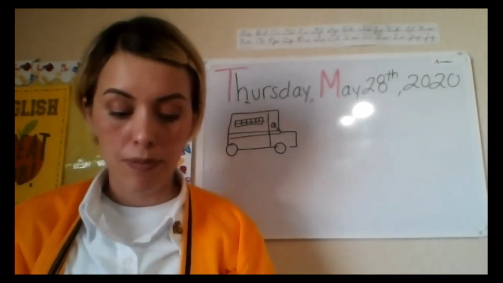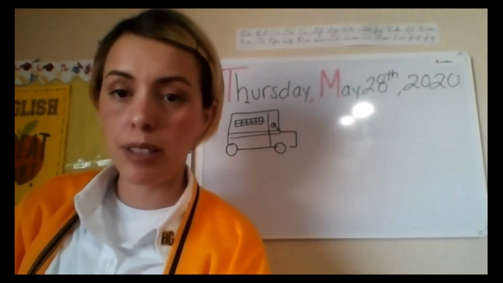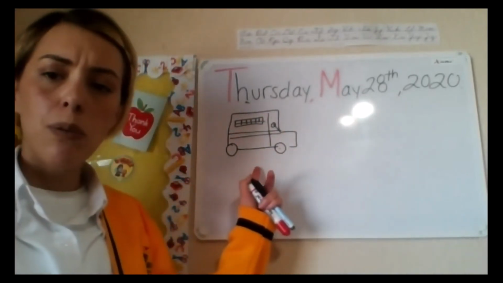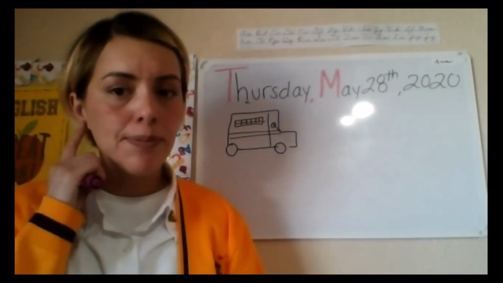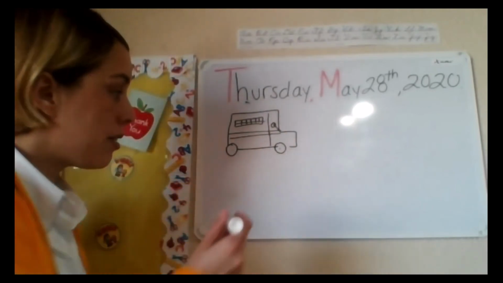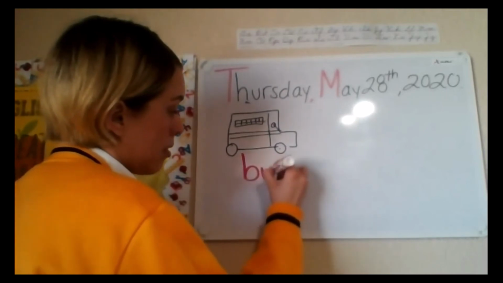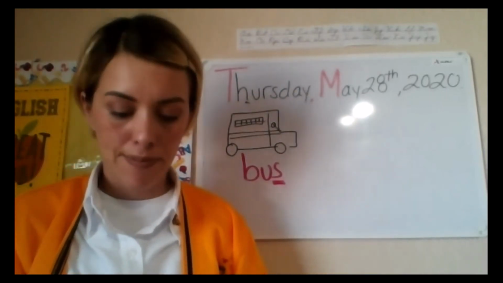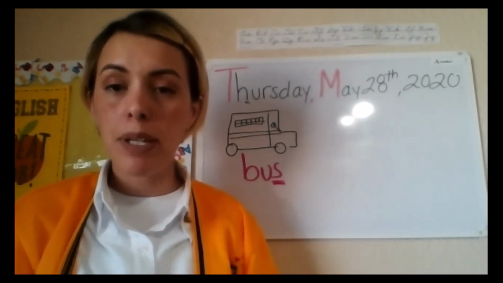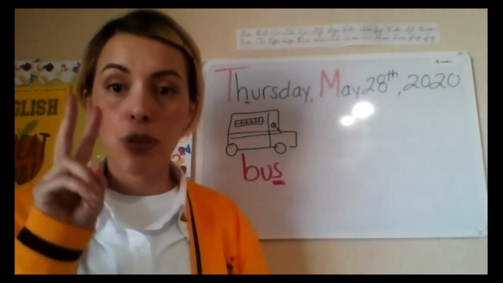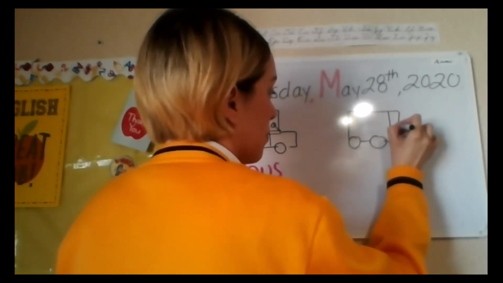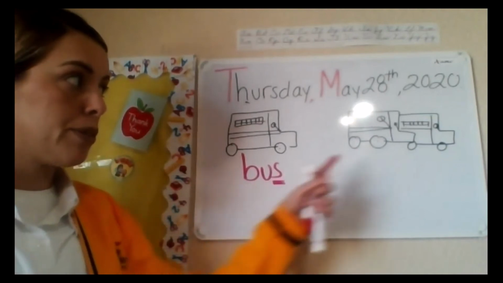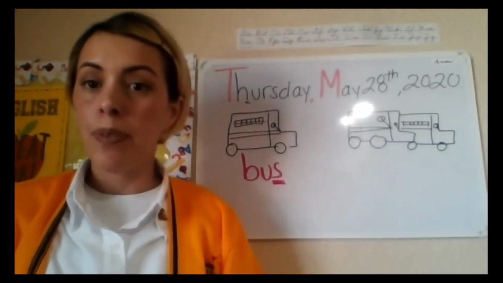Now, let's look at this picture, all right? Sarah, can you tell me what is this? Very good. That's a bus. Now, what happens when I have two? Are we going to use the same word to describe them?